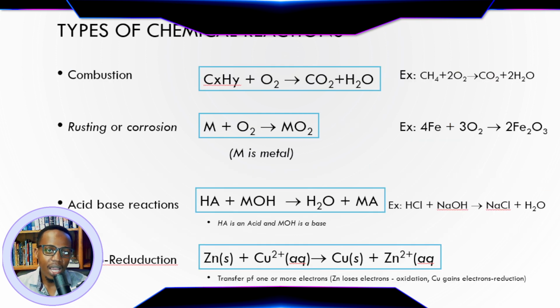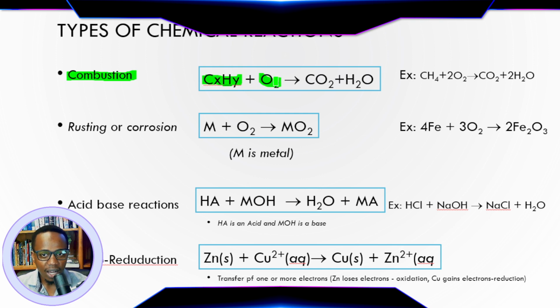All right, other reactions. This is a combustion reaction, right? So these are reactions with oxygen. Whenever you have a carbon and a hydrogen, we call these compounds hydrocarbons, and these are organic compounds. An example is methane gas, or other things that are volatile.